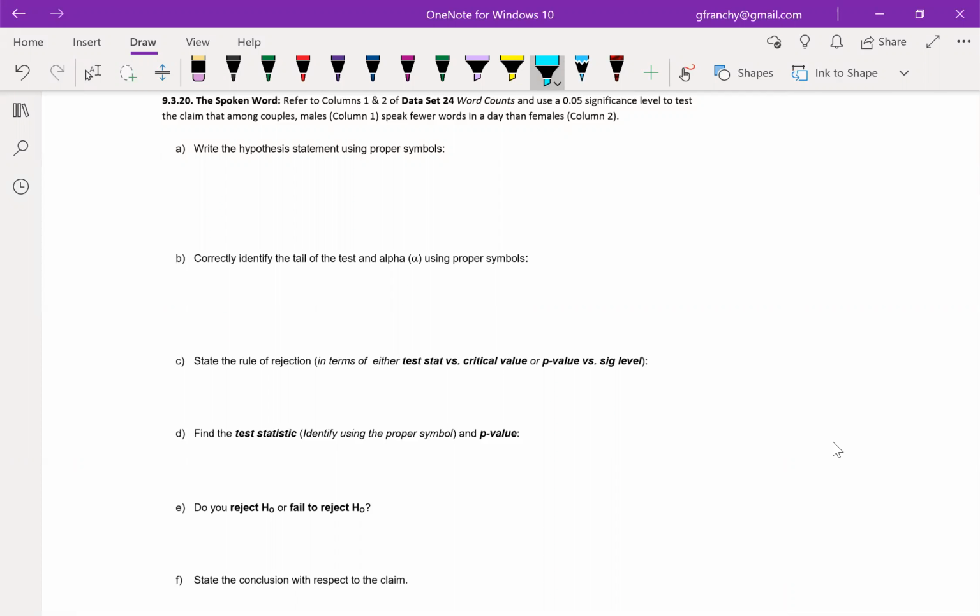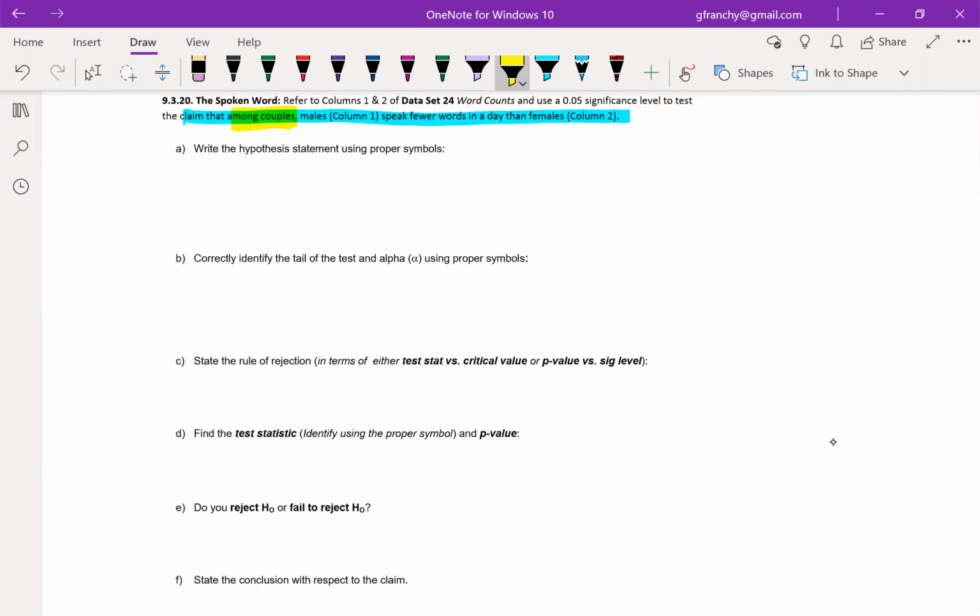But this one, when we look at our claim, what's different is that we're talking about couples here. So the first male in column 1 and the first female in column 2 are together as a couple, and the same thing would be true for the second, the third, everyone in here.